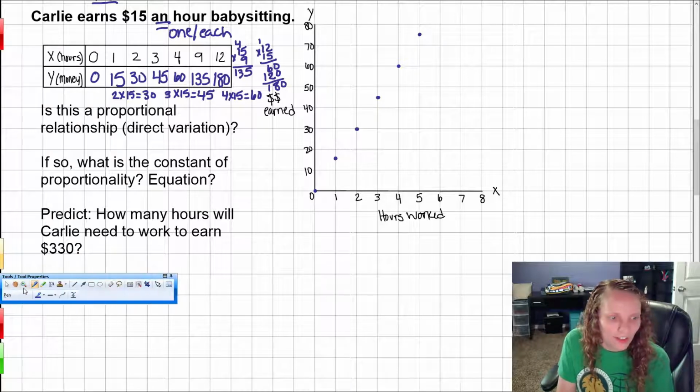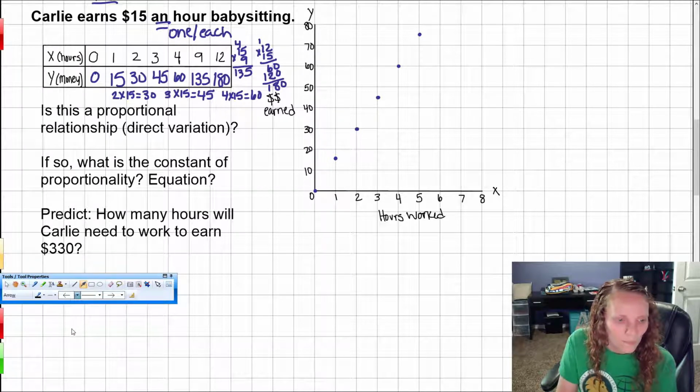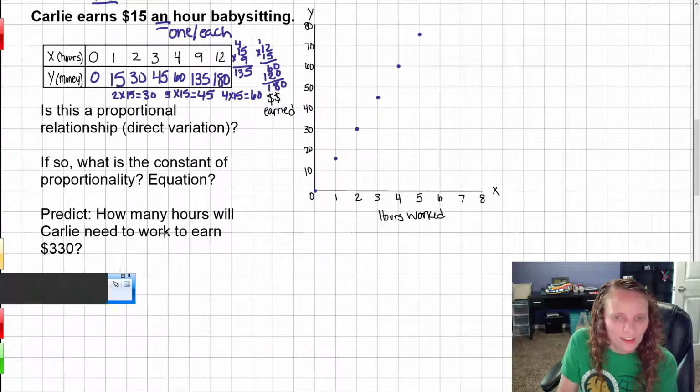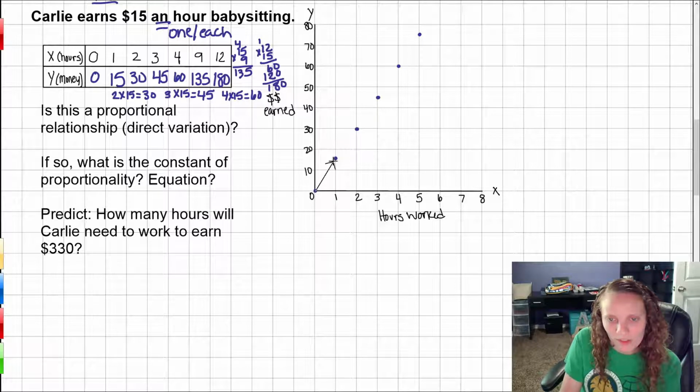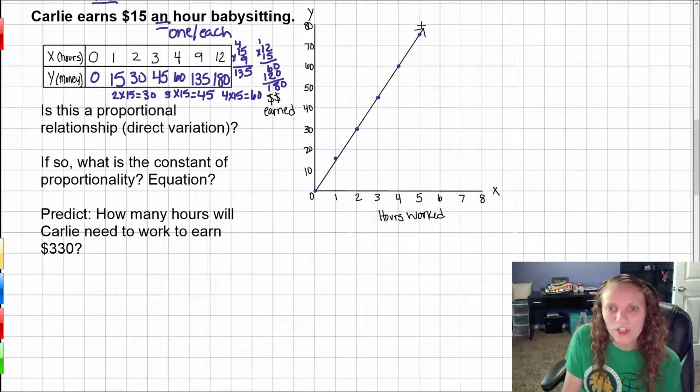And then we're trying to figure out, is this a proportional relationship? I believe so, because it starts at the origin, and then if you connect the dots, they form a straight line.